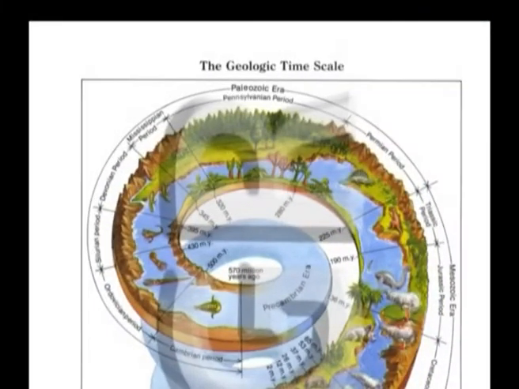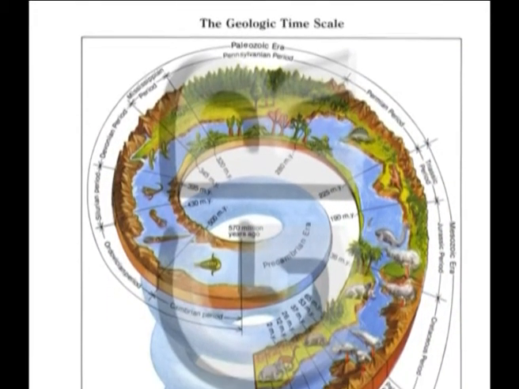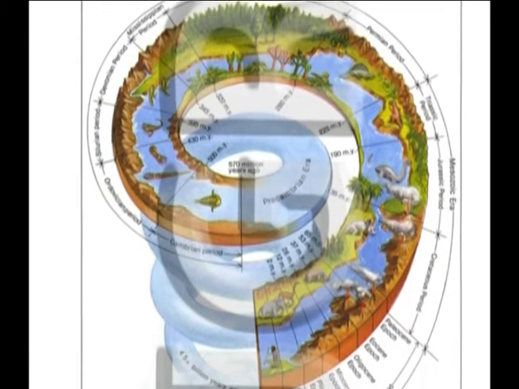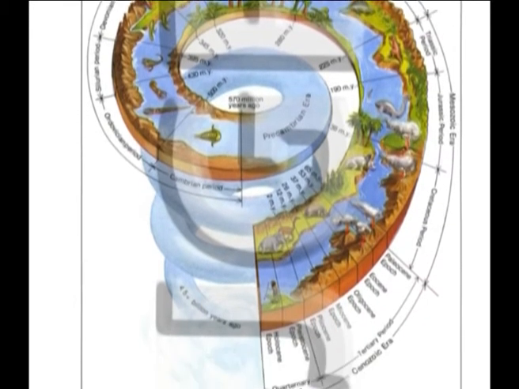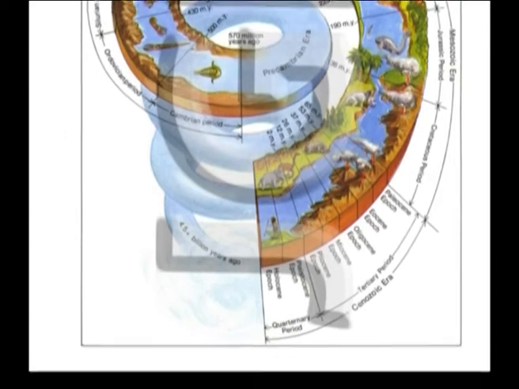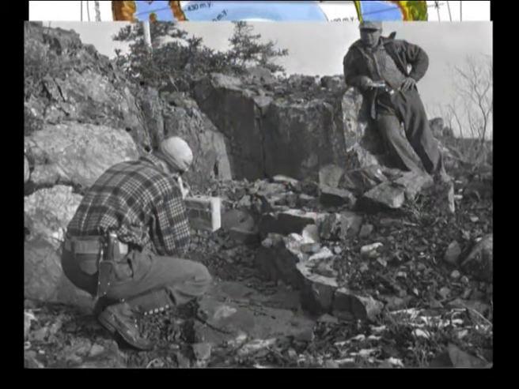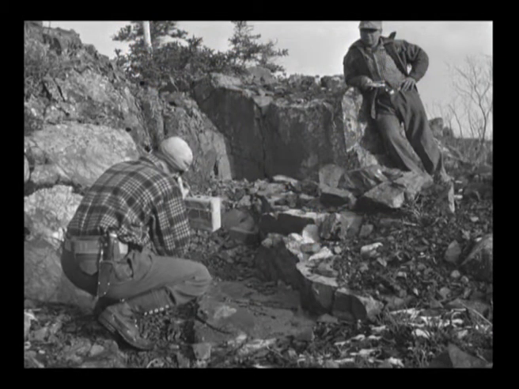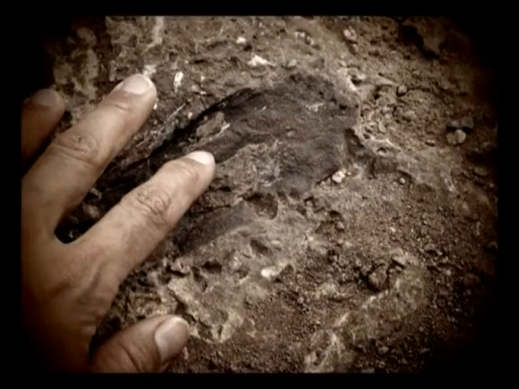Thus, the geological time scale provides a system of chronological measurement relating stratigraphy to time that is used by geologists, paleontologists, and other scientists to describe the timing and relationship between events that have occurred during the history of the earth.